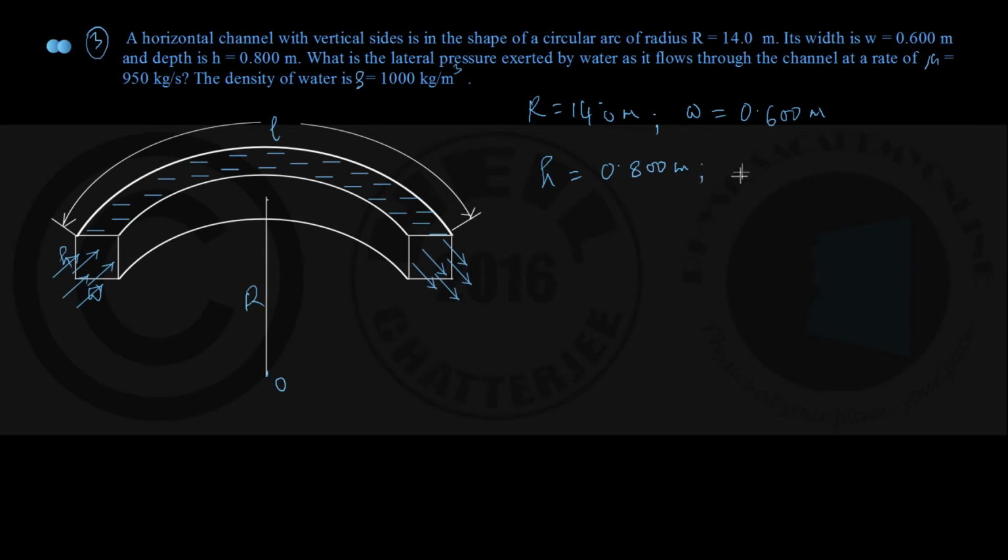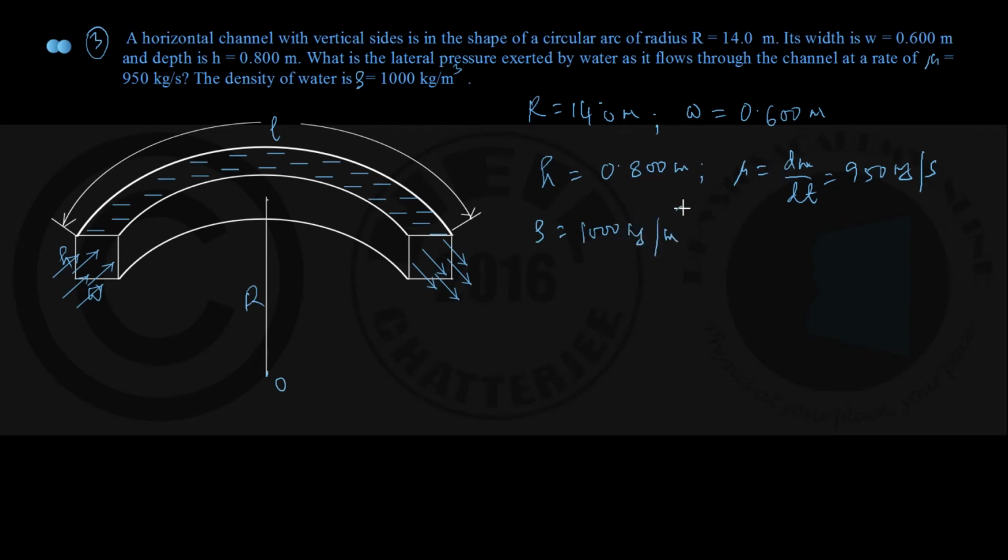Also the mu, that is the mass flow rate, if the unit, if you look carefully, is kg per second, it gives me that mu is nothing but the rate of mass flow, that is dm/dt. Let me write it. dm/dt is equal to 950 kg per second. And of course, the density of water rho is given to be 1000 kg per meter cube.